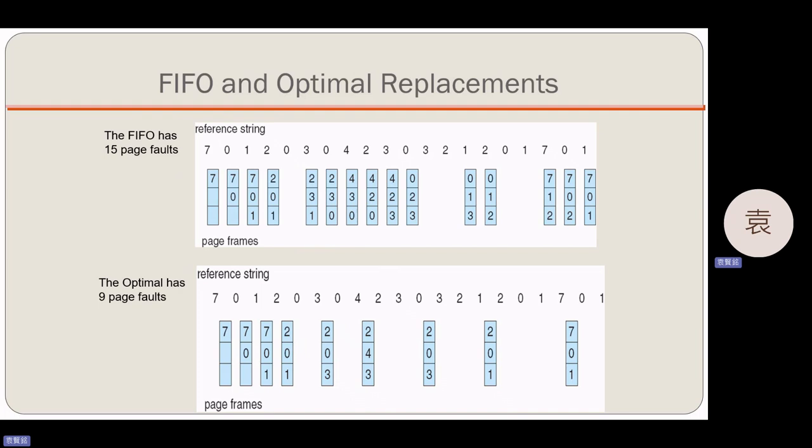We get physical frames containing pages 2, 4, and 3, and then 2 and 3 will not generate page faults. Now we get 0. 0 generates a page fault because 0 is not in the physical frames. Starting from this position, we check 2, 4, 3, and find the longest one is 4, because we never try to access page 4 again. So 0 will replace page 4, and the physical frames become 2, 0, 3.